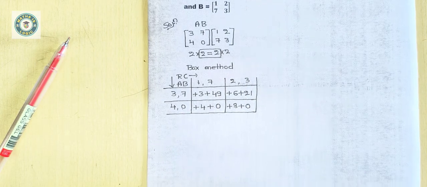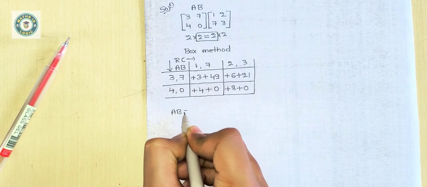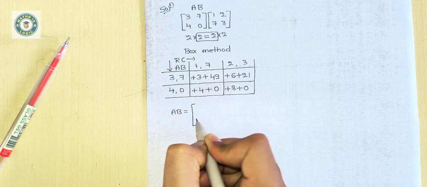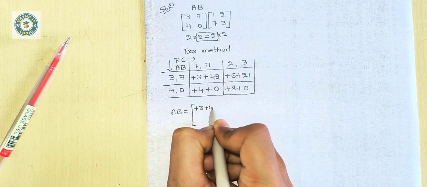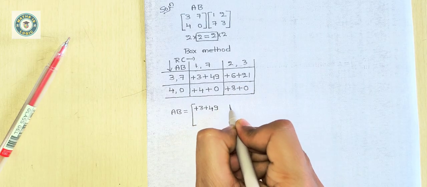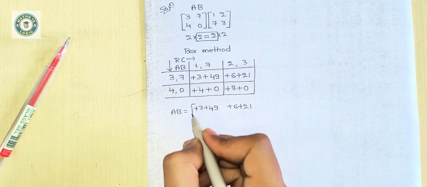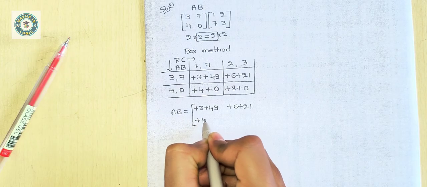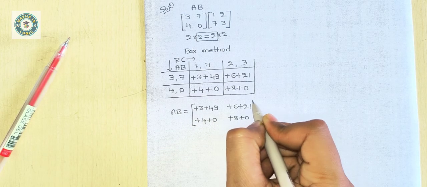After doing the multiplication, AB is equal to, in matrix form, all these values as they are: 3 plus 49, 6 plus 21, 4 plus 0, and 8 plus 0.